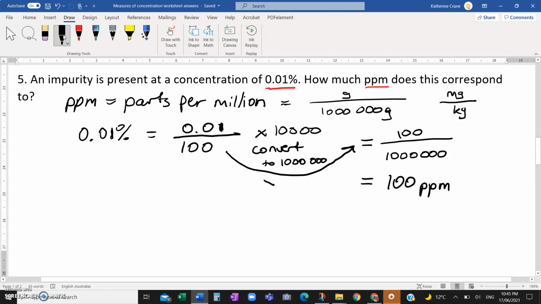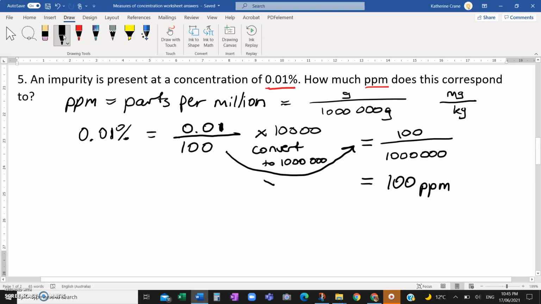Another way you can do it, which I tried with this as well, and it still works, is you basically write out your fraction and do the calculation first.